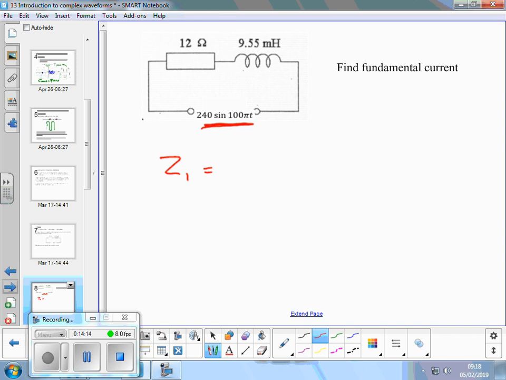Two components in series: R plus XL j ohms. It's an addition of the resistance R and whatever the value of XL is according to that component.